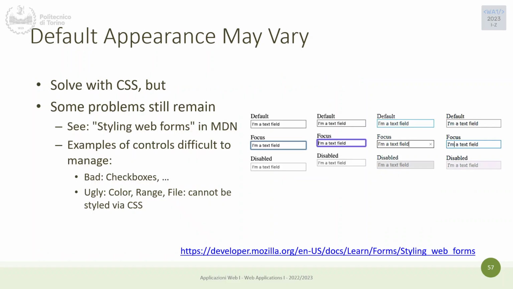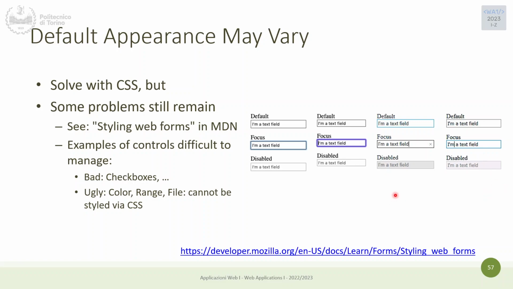Okay, as I already said, the appearance may vary according to the browser. So we can try to solve this using CSS. For instance, if you apply the Bootstrap framework, you will observe that the components are more or less equal on every browser, but it's not a 100% guarantee.